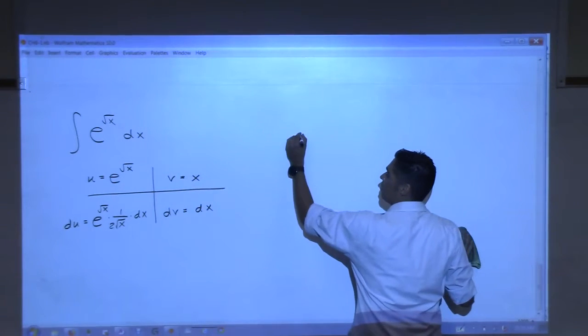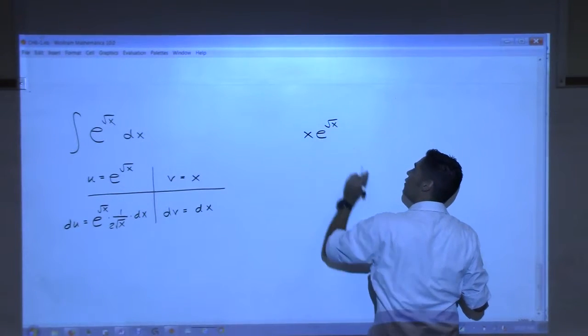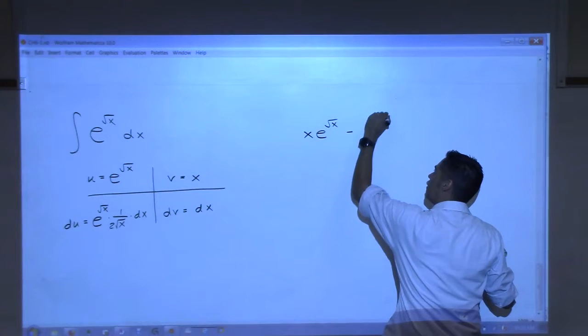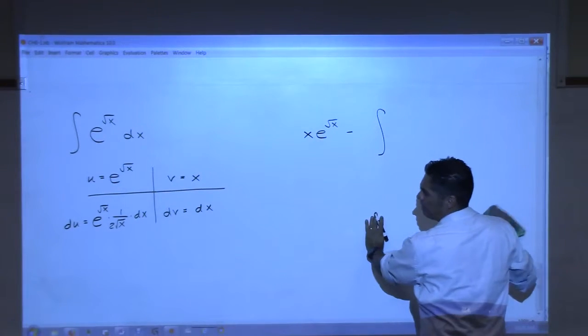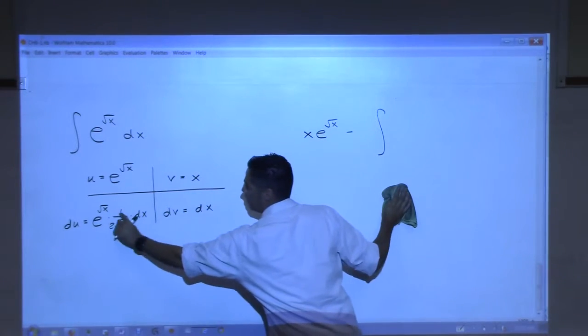So the new integral is going to be multiply across x e to the root x, yes? And then minus, a little bit of a space in case I have any constants. Do I have constants? 1/2? Yeah, I can pull this 1/2 out, can't I?